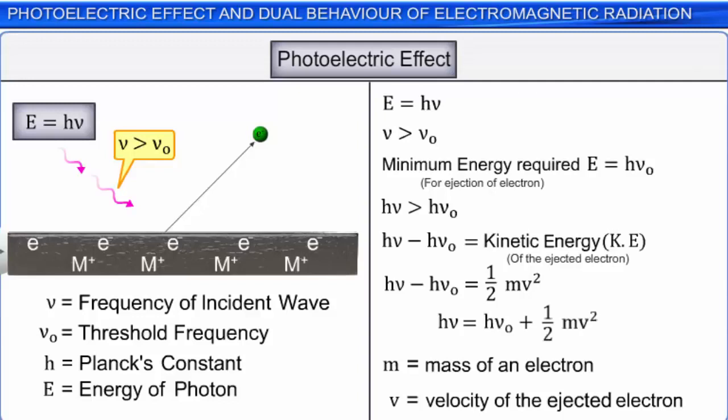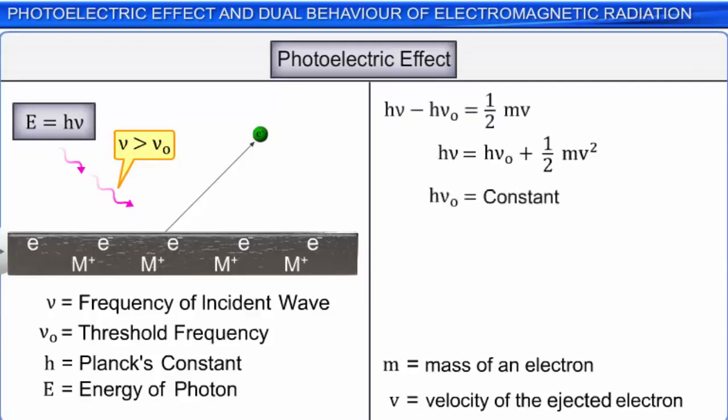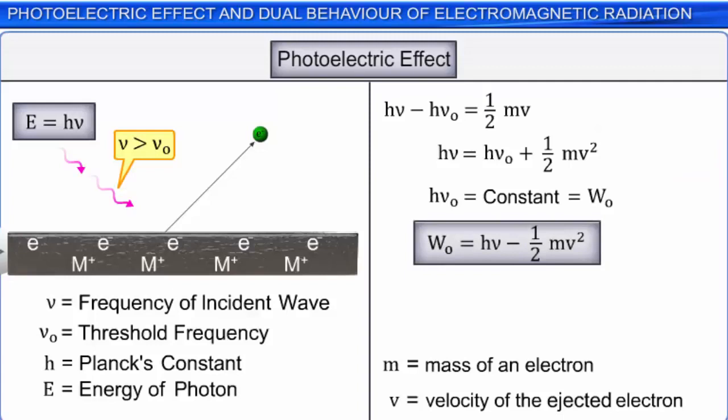H nu0 is constant for a particular metal and is designated as W0, which is called work function. Now, the equation in terms of work function is as shown. Let us observe the values of work function for a few metals.